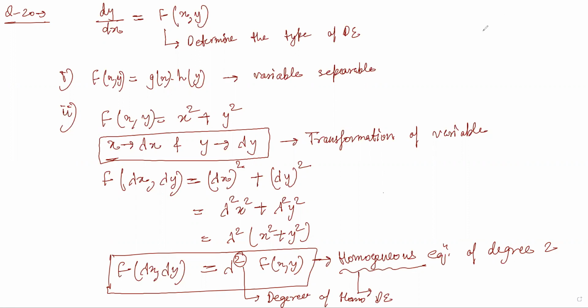Right? So whenever we have any function of the kind f of x comma y, and it becomes, so what we can write is, in the second part, this was an example. Just write this as an example.